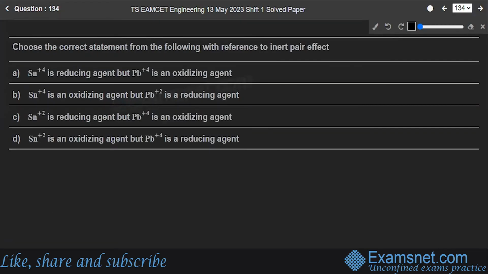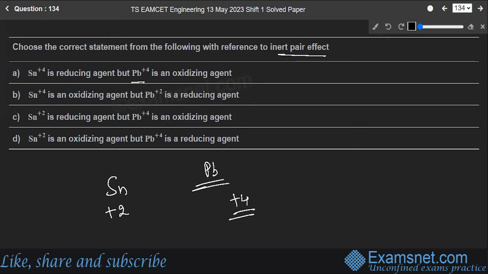Next is question number 134. Choose the correct statement from the following with respect to the inert pair effect. First one says Sn plus 4 is a reducing agent, but Pb plus 4 is an oxidizing agent. First of all, inert pair effect is less prominent in tin than in lead. Therefore, plus 2 oxidation state of tin is less stable than the plus 4 oxidation state of lead.